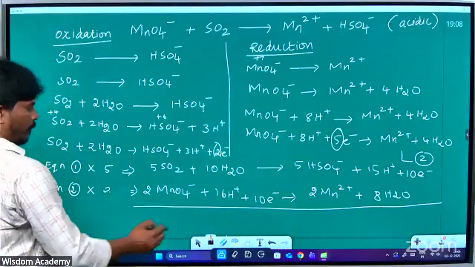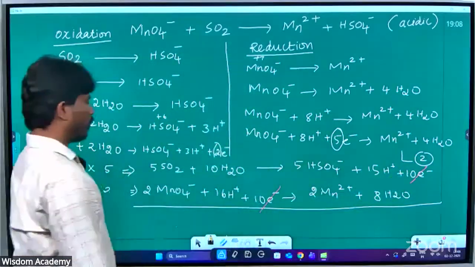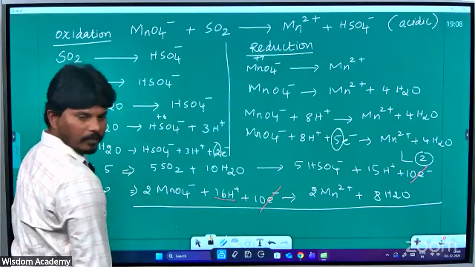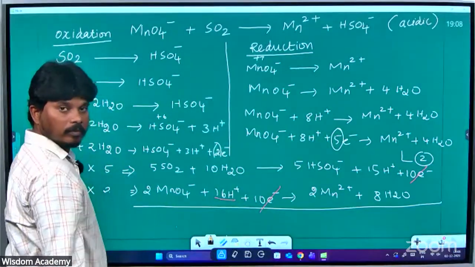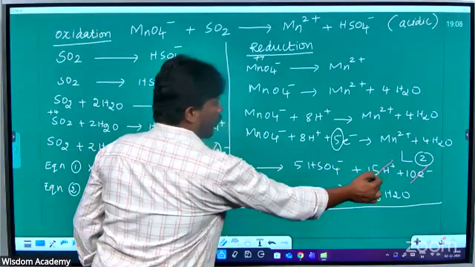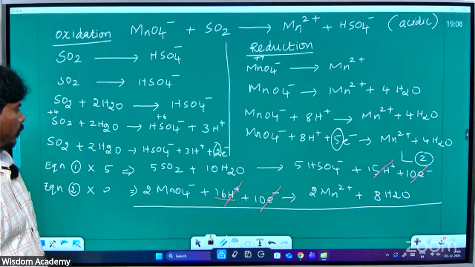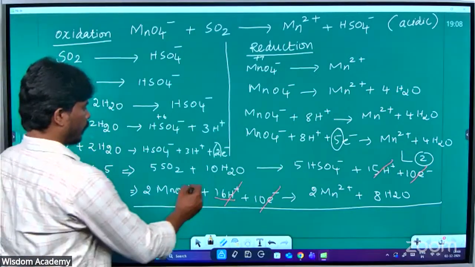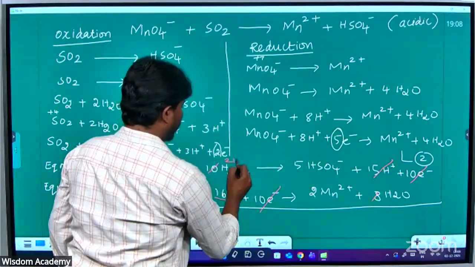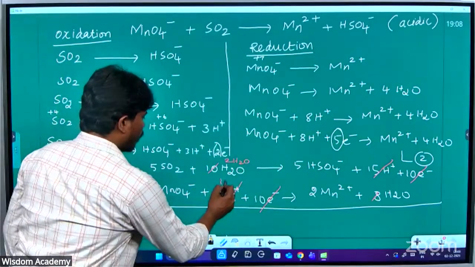Now cancel the possibilities. Here 10 electron, here also 10 electron. And then here 16H plus, here 15H plus, so remaining 1 H plus exists. And then water molecule here 10, here 8. So here 2 water molecules remain.